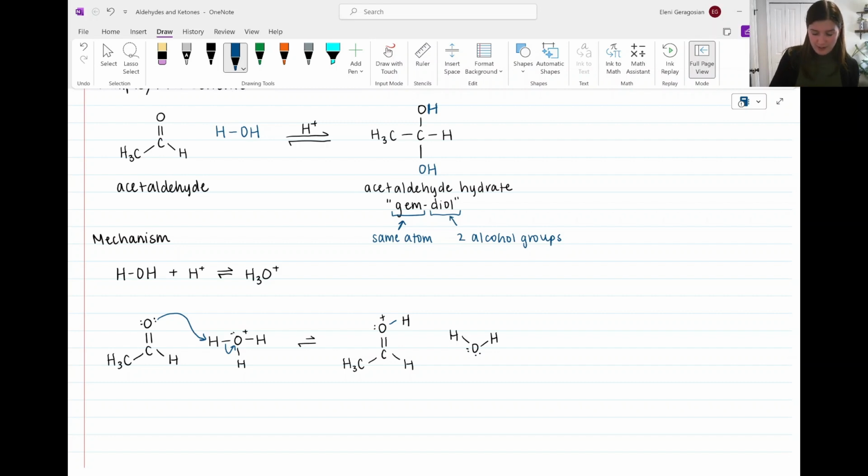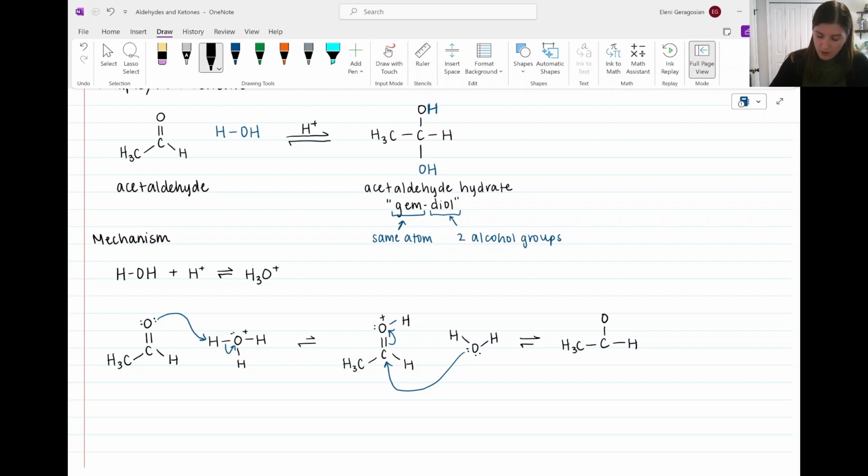So the water molecule can then go bond to the carbonyl carbon and make the oxygen happy, give the pi electrons to the oxygen atom. The product here, we have carbonyl carbon still bonded to the methyl and the hydrogen.